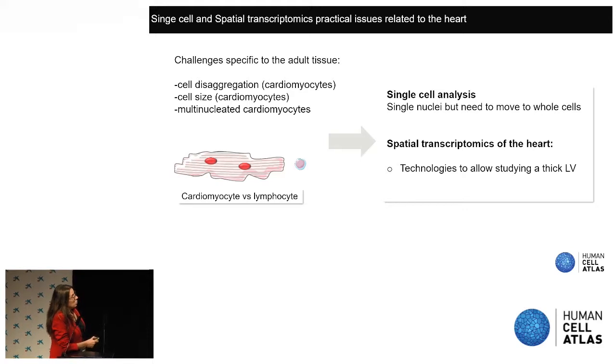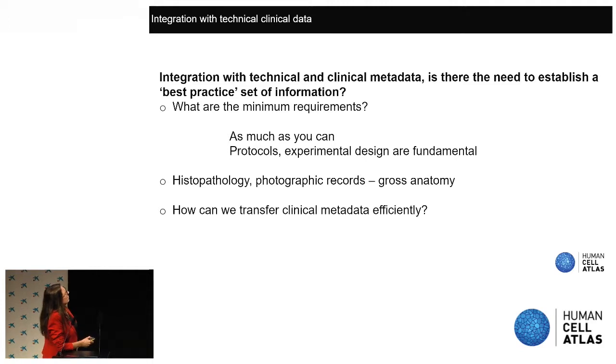At the moment, most people are relying on single nuclei to study the cardiomyocytes, but new technologies have been developed, and a number of technologies are being tested at the moment to try and get information from the entire cell.